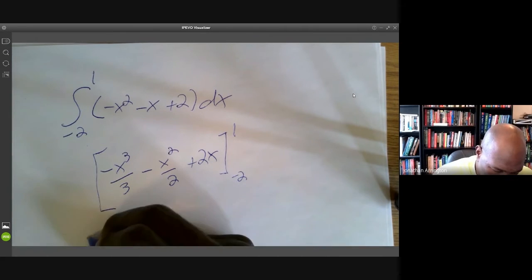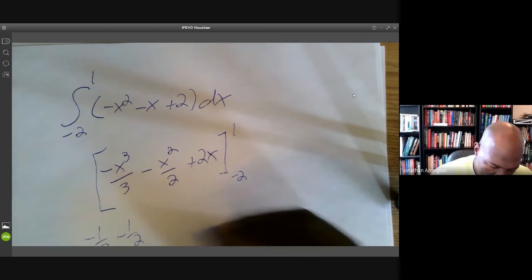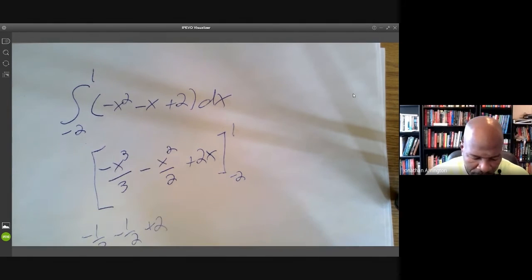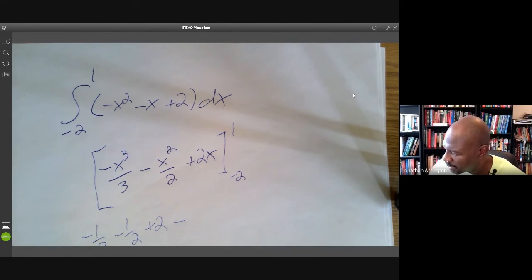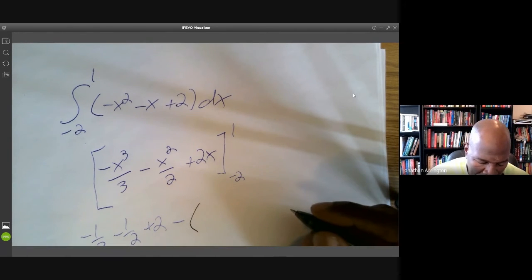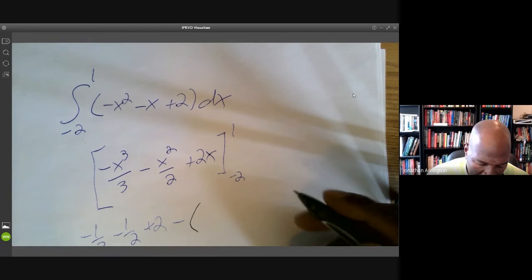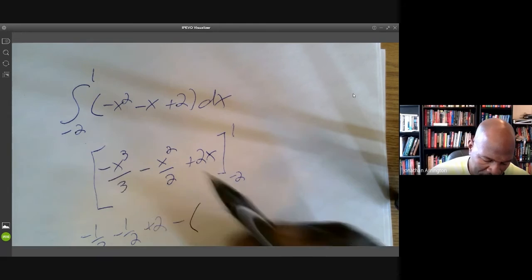So for 1, we'll get -1/3 minus 1/2 plus 2 minus, it looks like this pen is dying. So I'm going to switch to a different pen. It's going to change the color. Still fine. And so now we're going to plug in -2.